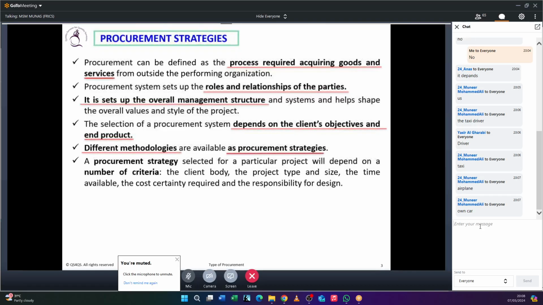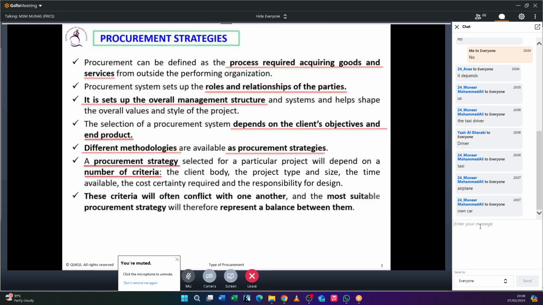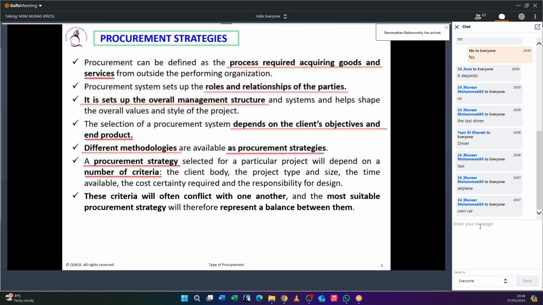So there are a number of criteria we are going to see. Okay, how those criteria are going to influence the project procurement. Okay, but make sure there might be a number of criteria, not one criterion, and you may not be able to satisfy all of them.